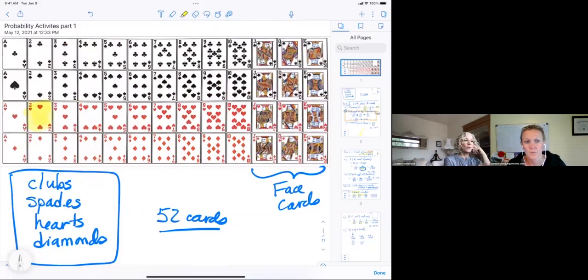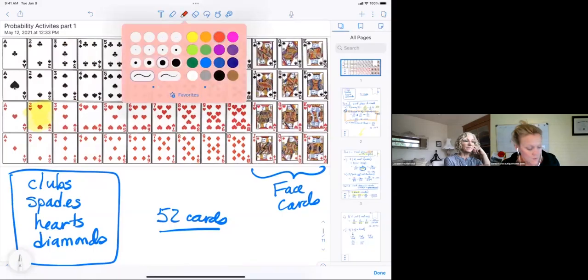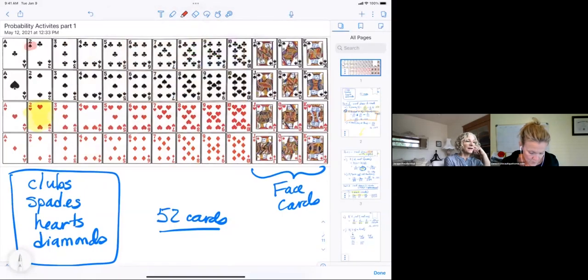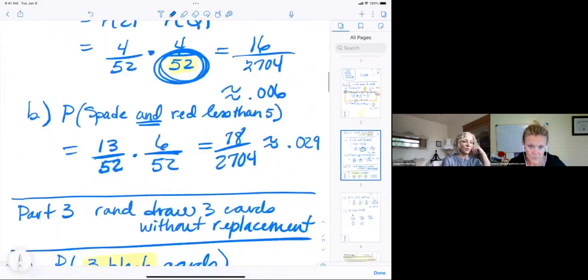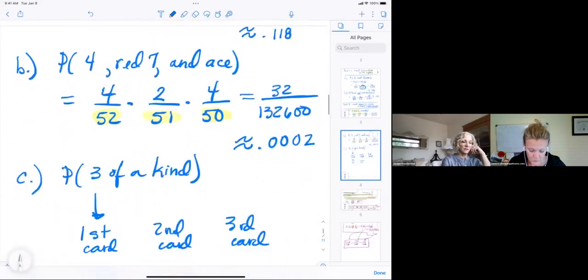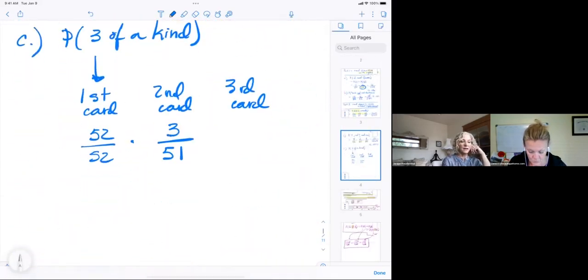That means I only have the 2 of clubs, the 2 of spades, and the 2 of diamonds left. So I have 3 left out of the 51.